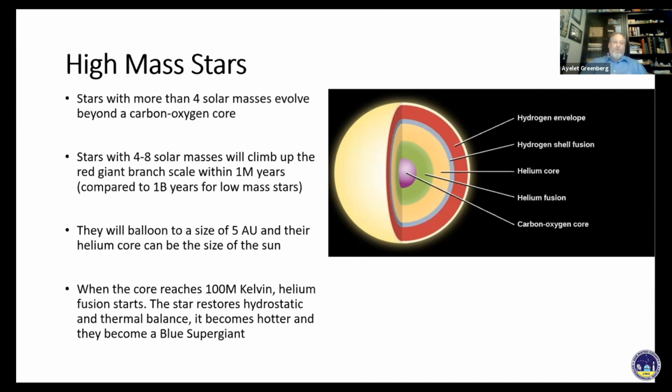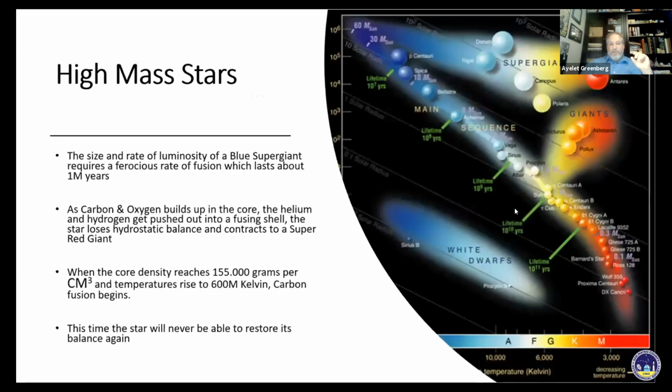And when the core reaches 100 million Kelvin, like we said before, helium fusion starts, and the star regains hydrostatic equilibrium and thermal balance. It becomes hotter, and it becomes a blue supergiant, which is a different location on the HR diagram.